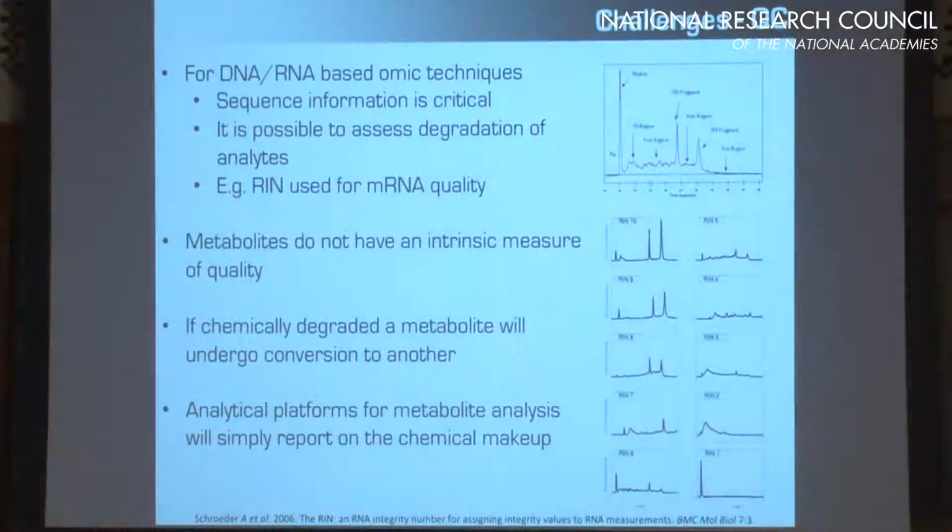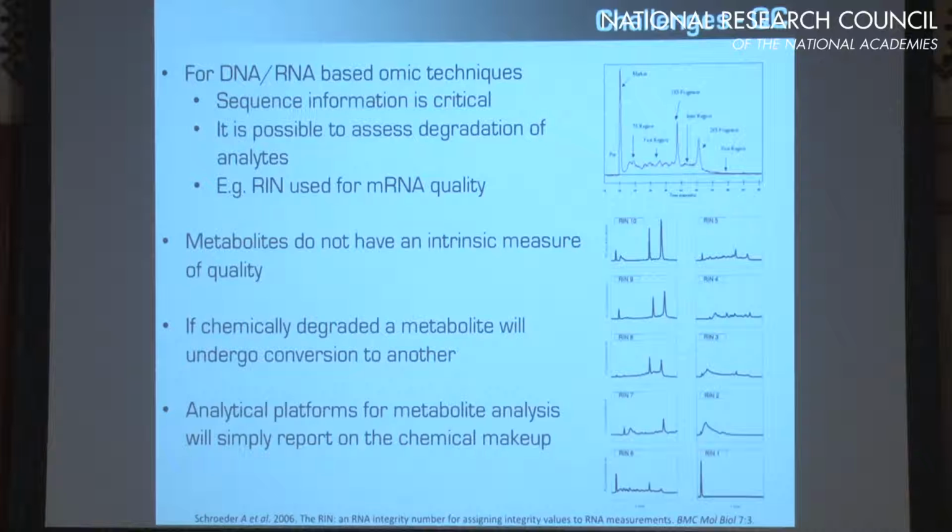So although you might be able to find ratios of things which might change, that could be one example, we don't have anything that's a very overt measure of quality like there exists for, say, RNA. You can get an RNA integrity number, which is done on an electrophoretic method, and basically tells you how good your collection of your mRNA is going to be.